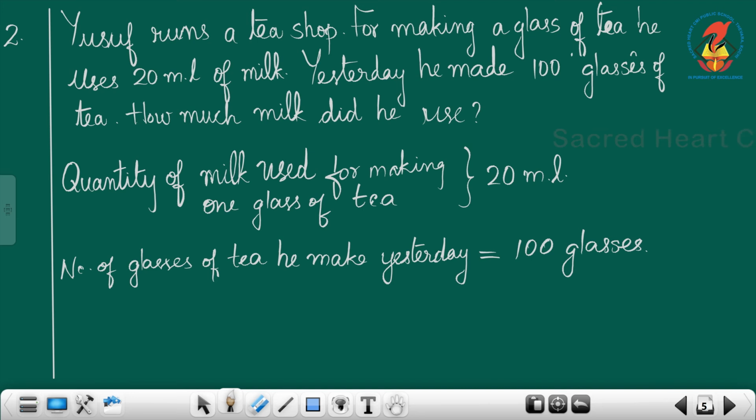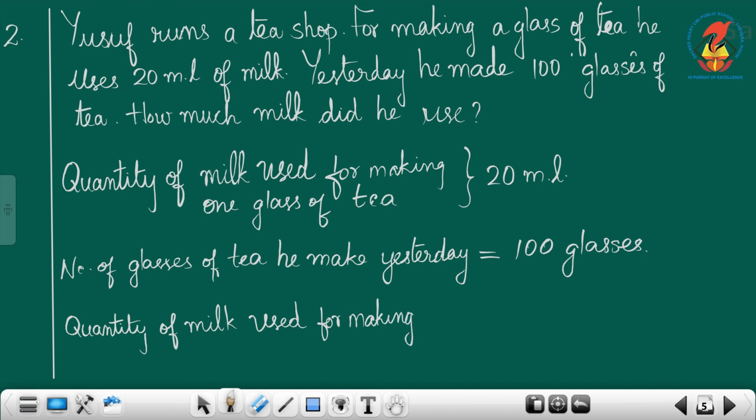Okay. So the question is, how much milk did he use? So, quantity of milk used for making 100 glasses of tea.